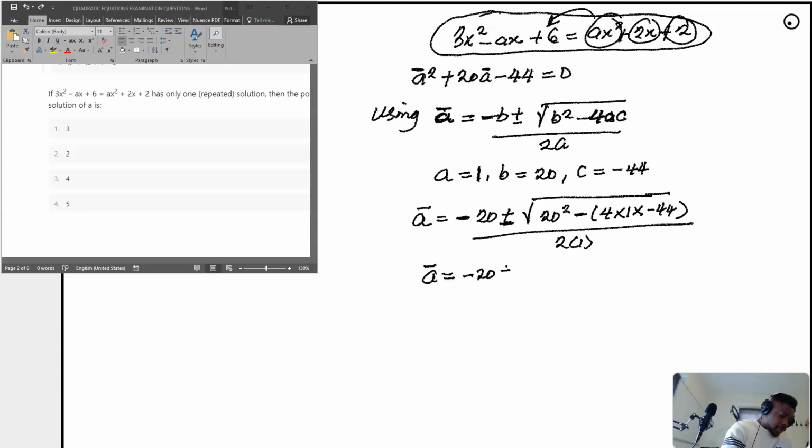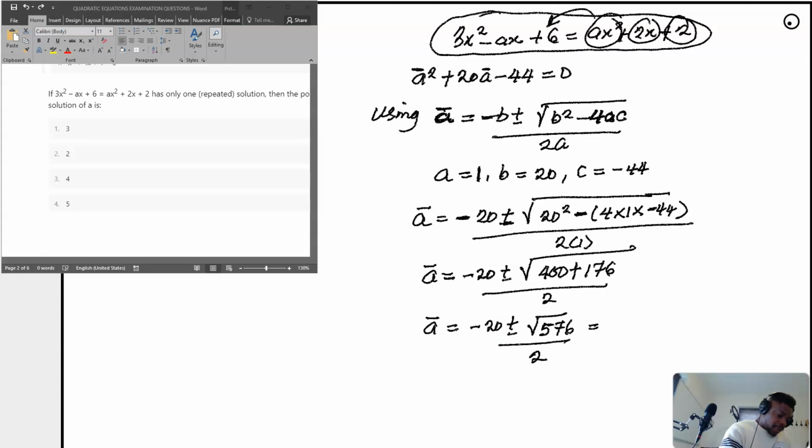So minus 20 plus or minus square root of 20 squared, that is 400, that is 20 times 20. Minus times minus, that is plus. 4 times 1 times 44, that is 176, over 2. So this is minus 20 plus or minus square root of 400 plus 176, that is 576, over 2. And this is the same thing as minus 20 plus or minus square root of 576, that is 24, over 2.